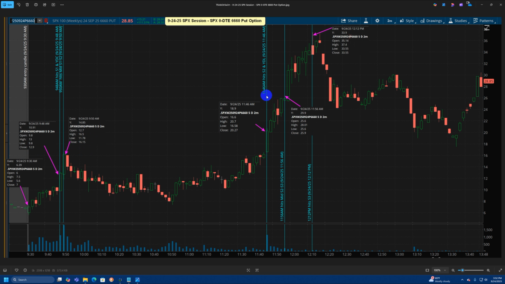Here, when it hits the S2 level and yesterday's RTH daily low, $20.27. Here, when it hits mid S2, S3 level at 11:56, it's $25.90. And finally, here at 12:12 p.m., when it hits the S3 level, $33.55.